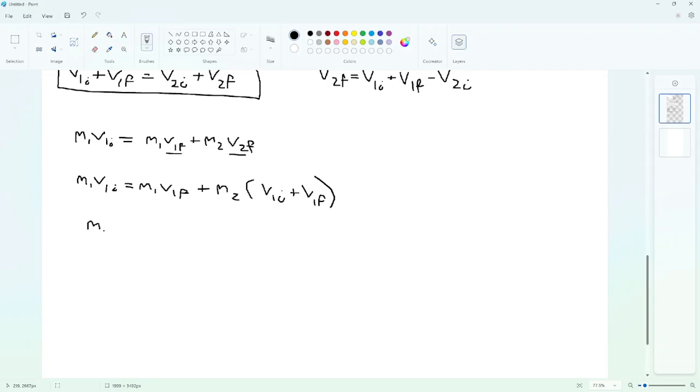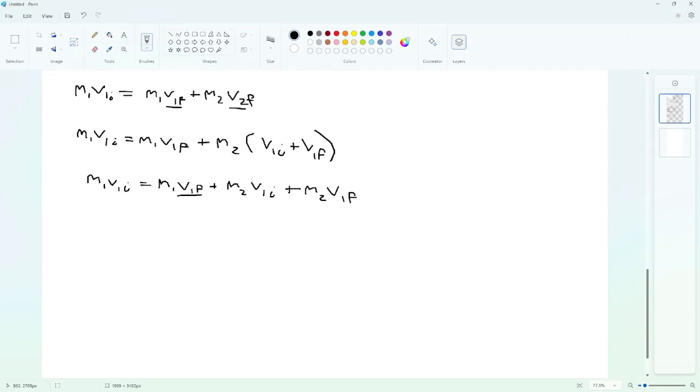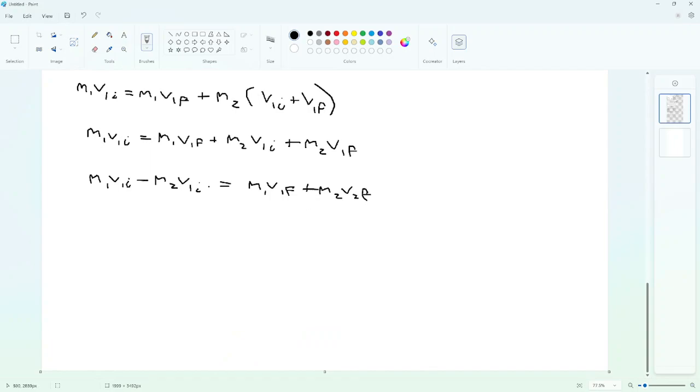And we're left with the final equation, m1 v1i is equal to m1 v1f plus m2 v2i plus m2 v2f. And now we can solve for v1f. m1 v1i minus m2 v1i is equal to m1 v1f plus m2 v2f. Let's go ahead and isolate v1f.